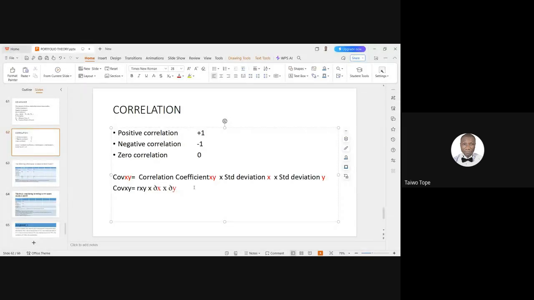Now, with this, can we make the correlation coefficient the subject of the formula? If you want to get your correlation coefficient, you can make it the subject of the formula. And when you do that, what will be the outcome?